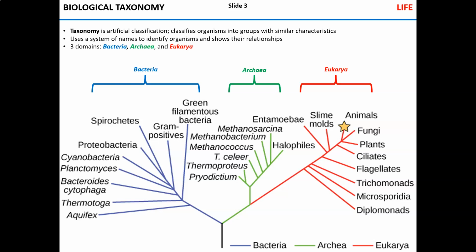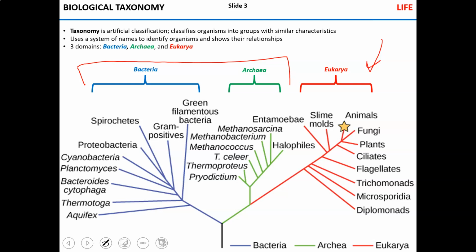The highest hierarchical level in taxonomy is domains. Bacteria and archaea are prokaryotic domains. Those are single-cell organisms that do not contain a nucleus or membrane-bound organelles, unlike eukarya, which have a nucleus and membrane-bound organelles.